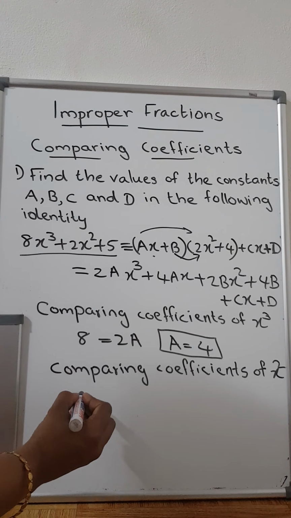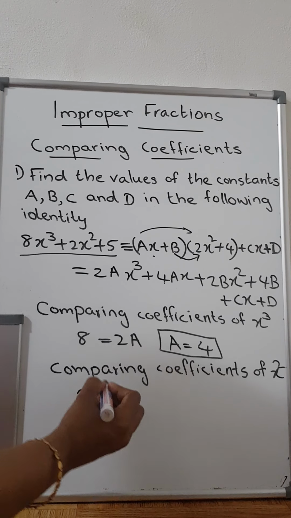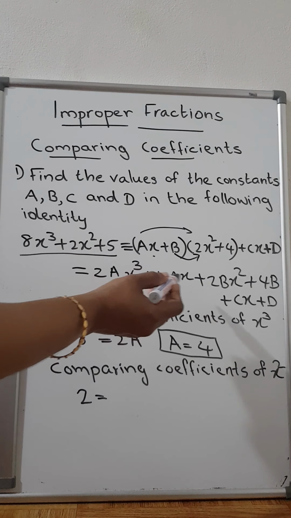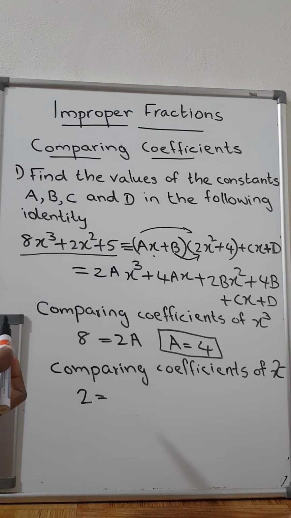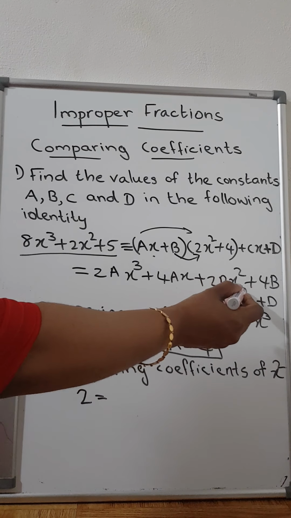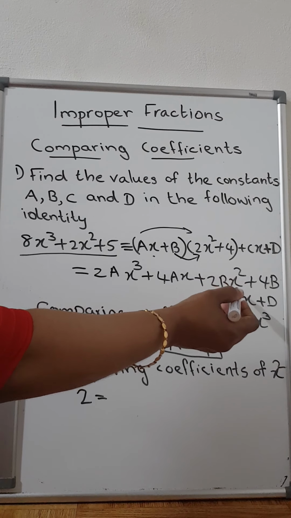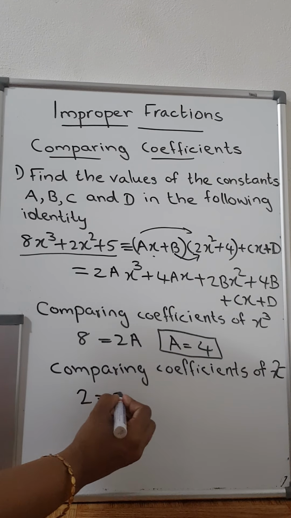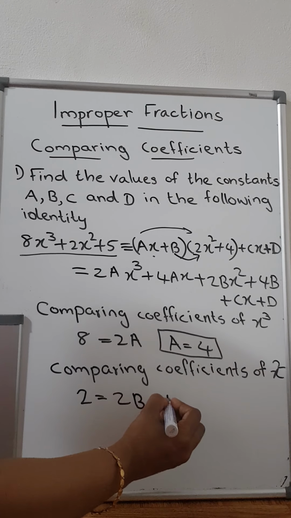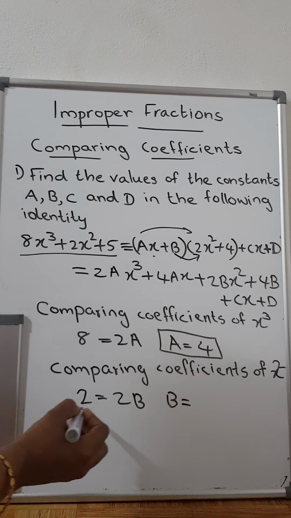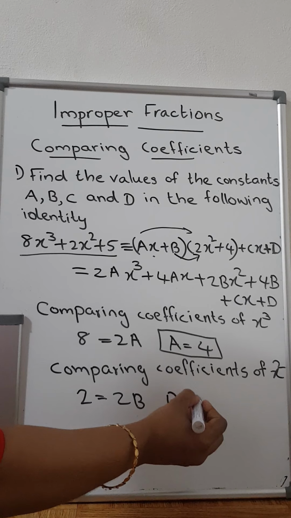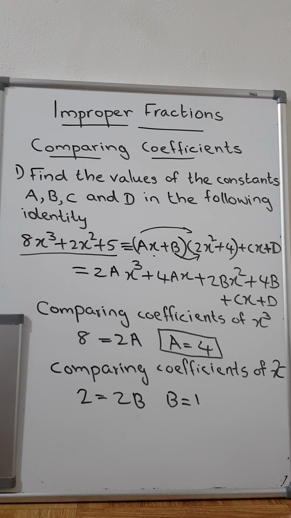On the right hand side, we have only one term with x squared, that is 2bx squared. So the coefficient of x squared here is 2b. So b is equal to 2 divided by 2, that is 1.